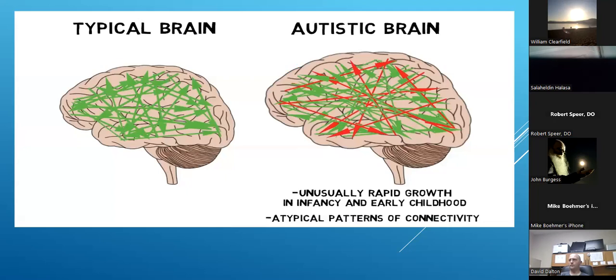And this just shows you the autistic brain, how they have an abnormal neuroplasticity versus the typical brain with a normal neuroplasticity. And again, the neuroplasticity is related to the oxidative stress and inflammation of the brain.